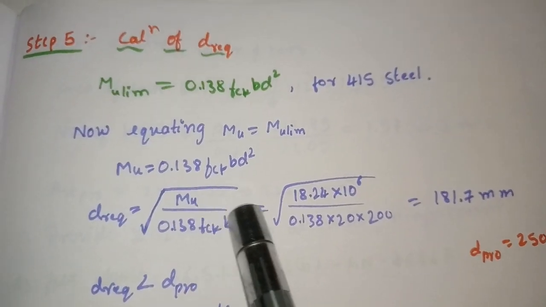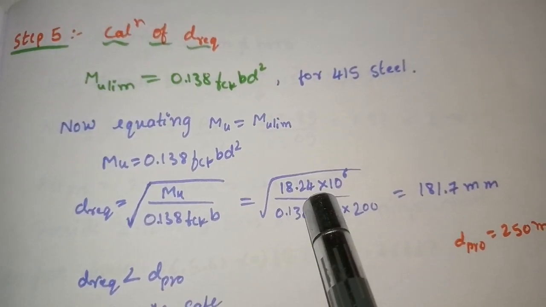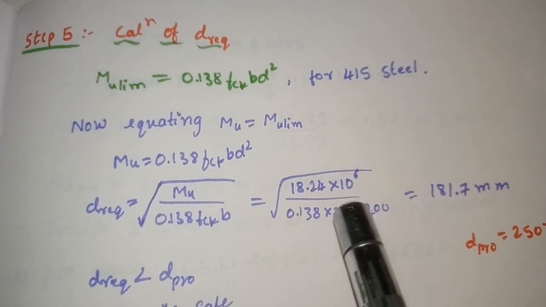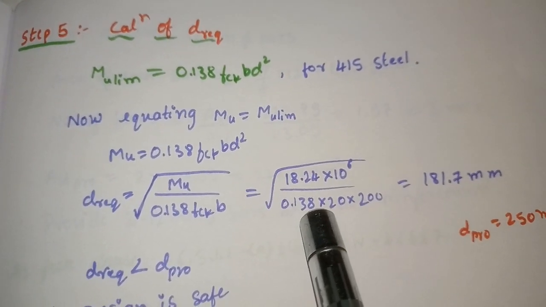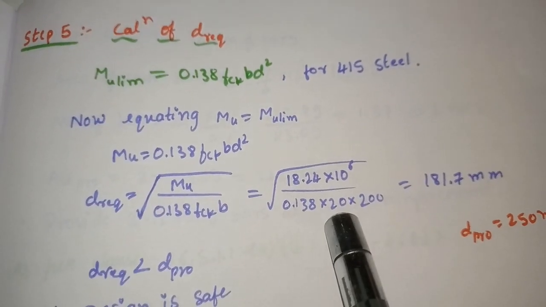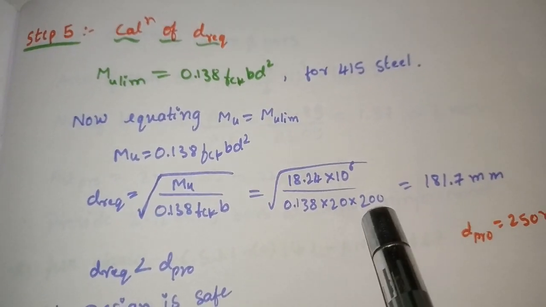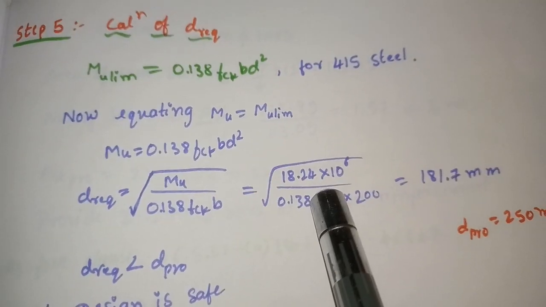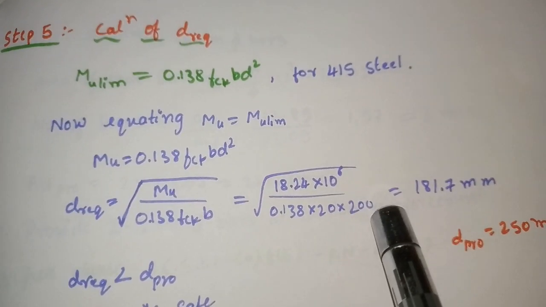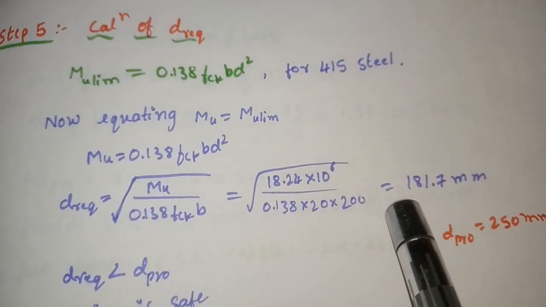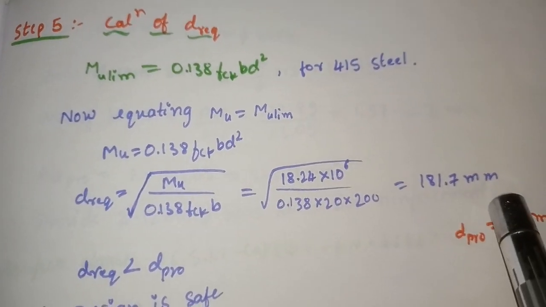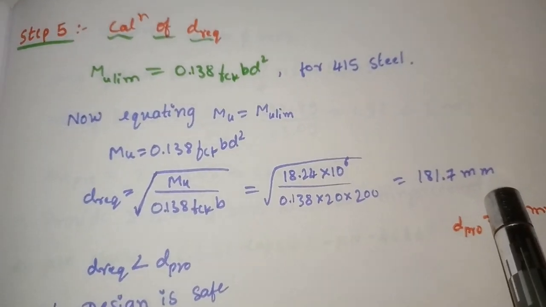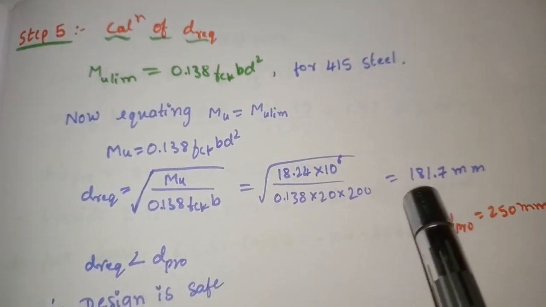Our Mu value is 18.24 into 10 to the power of 6 divided by 0.138 into FCK value is 20 into our B value is 200. Substitute all the values. After simplifying, we'll get our D required value as 181.7 mm. So to carry this load, our D required is 180.